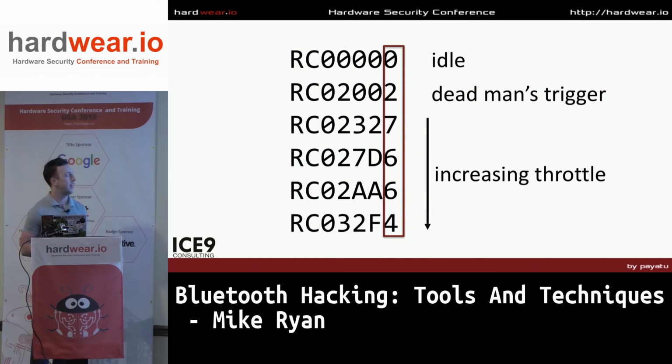The only thing that really gets in the way of just injecting whatever speed you want is that this value here at the very end turns out to be a really simple checksum. It's an XOR of all the nibbles of the speed command for some reason. I don't know why they did that because there were already checksums built into BLE.